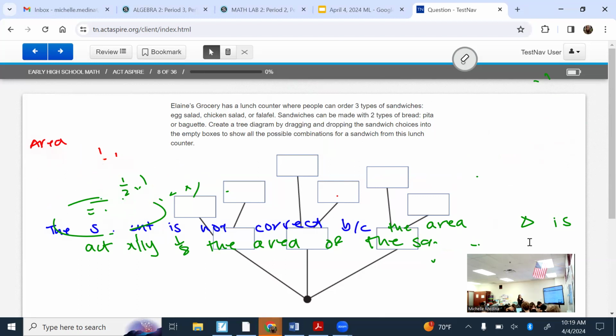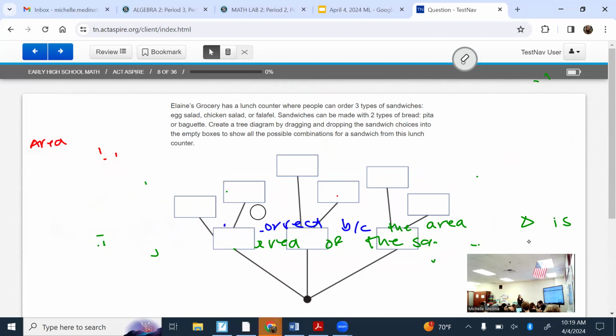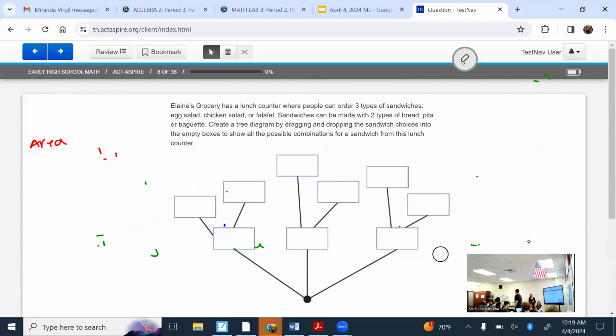Sandwiches can be made with 2 types of bread, pita or baguette. Create a tree diagram by dragging and dropping the sandwich choices into the empty boxes to show all the possible combinations for a sandwich from this lunch counter. So, here are my answer options to pick from.